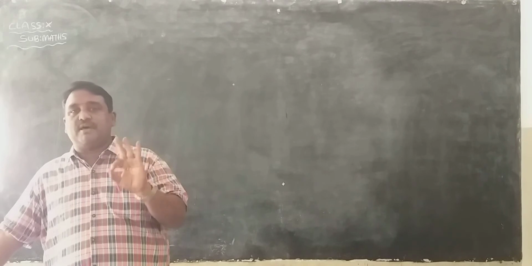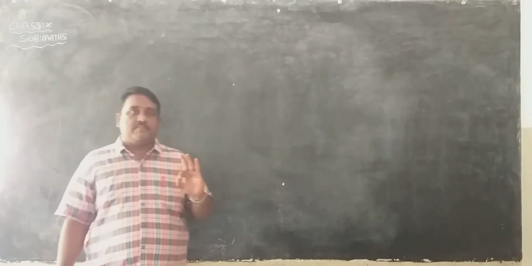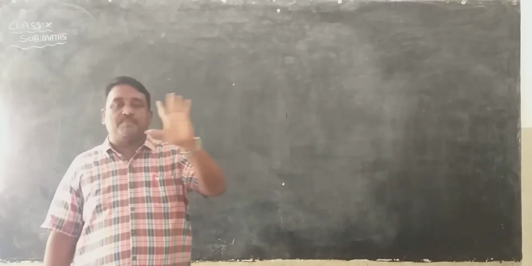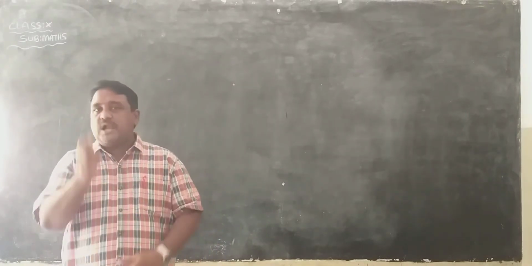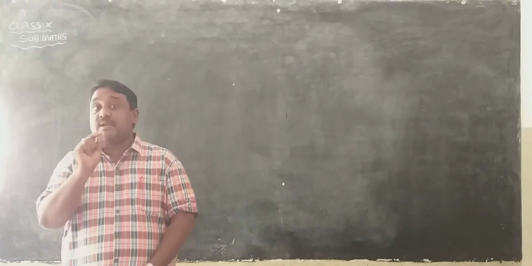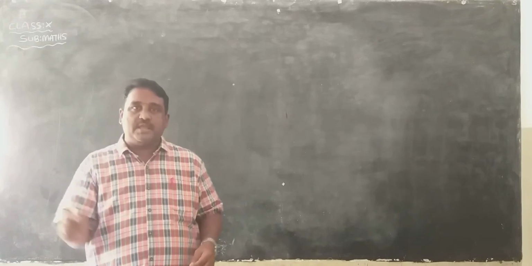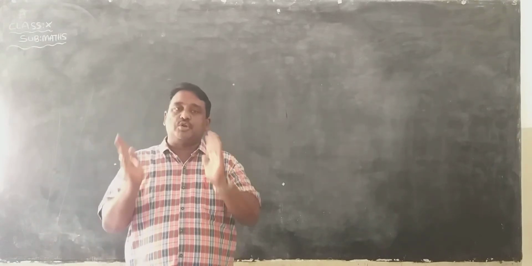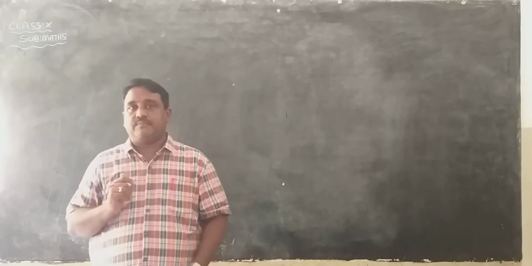So read every point and try to know the meaning of every point. A set is a well-defined collection of objects. What do you mean by well-defined? Common property, same opinion. And we discussed group and set also through one example.